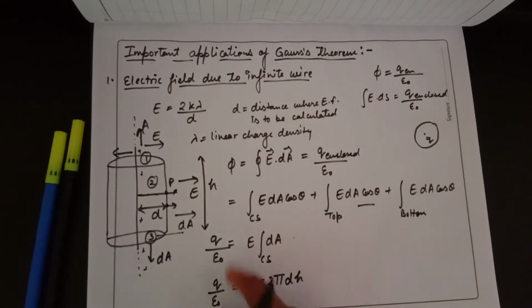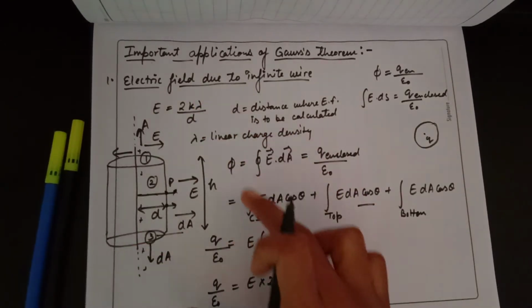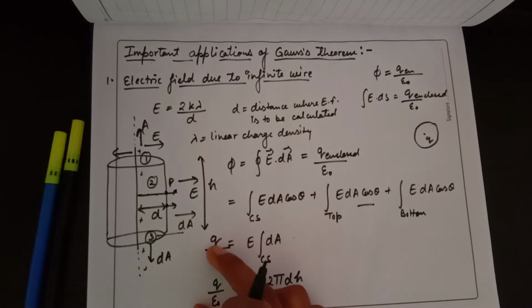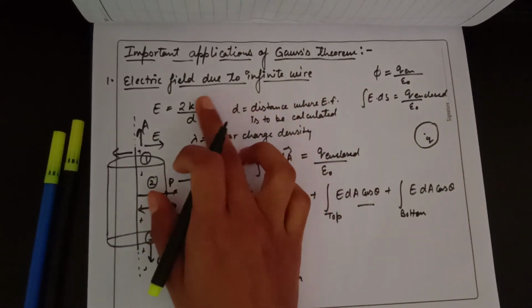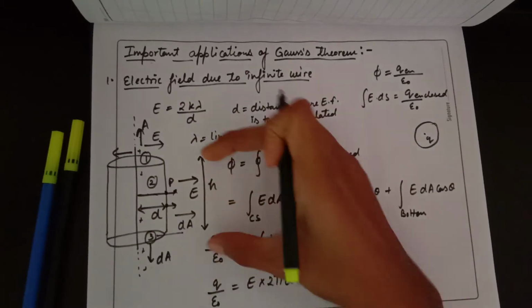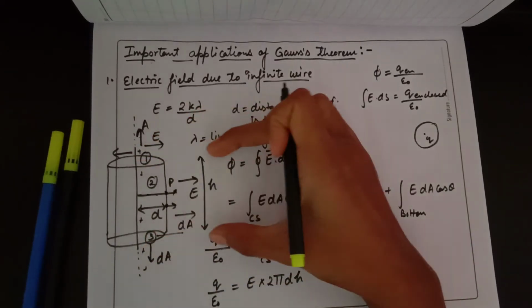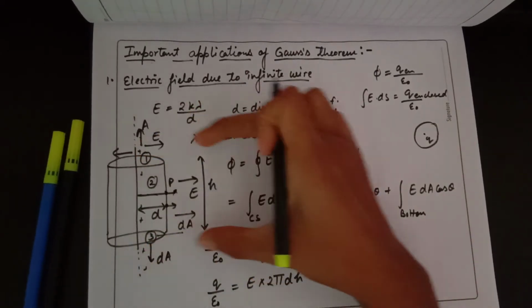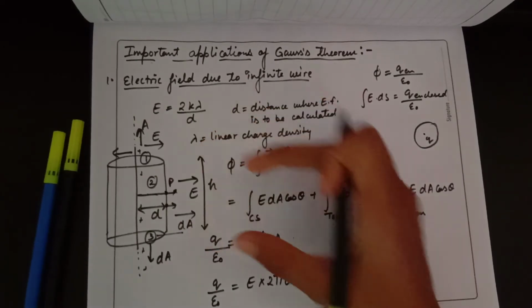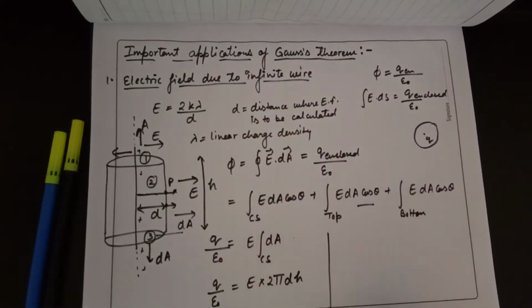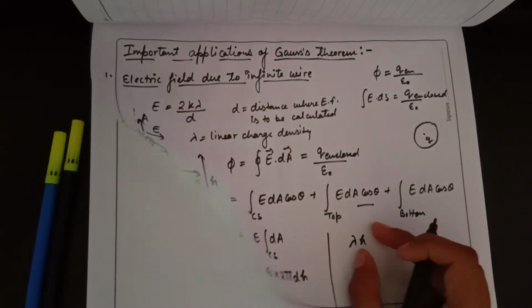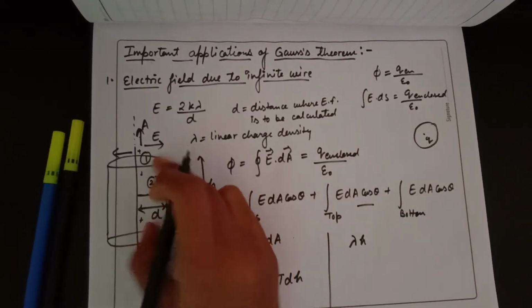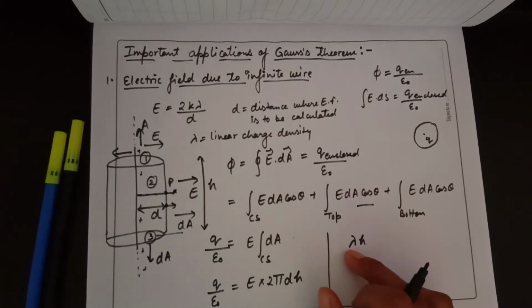And Q, as you know, if I want to calculate the total charge Q, it will be length into linear charge density. As you can see from the figure, the height of this cylinder I have taken as h. So Q can be written as lambda into h, where h is the length of the cylinder and lambda is the linear charge density.